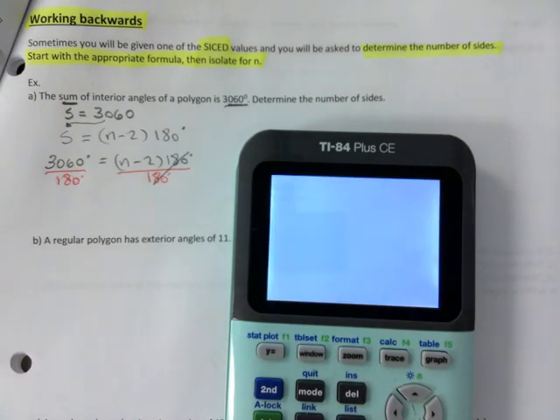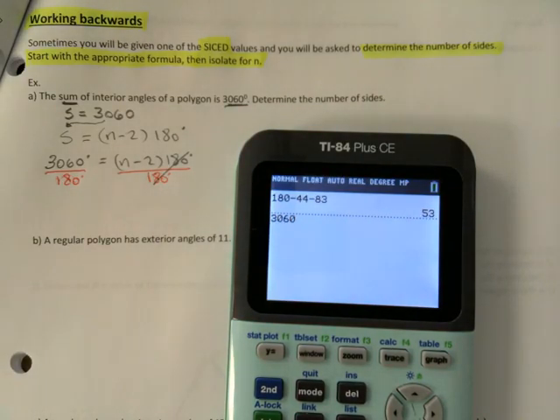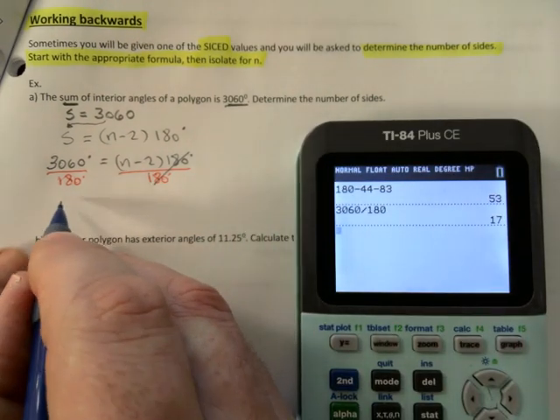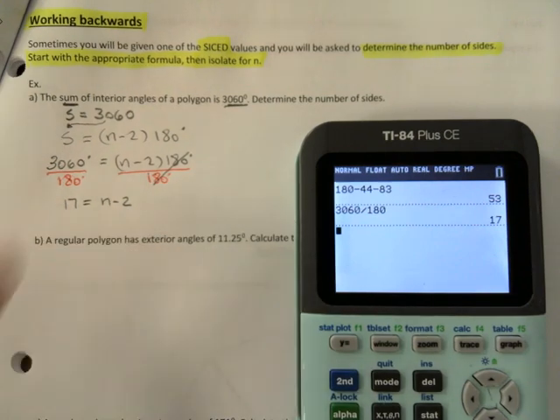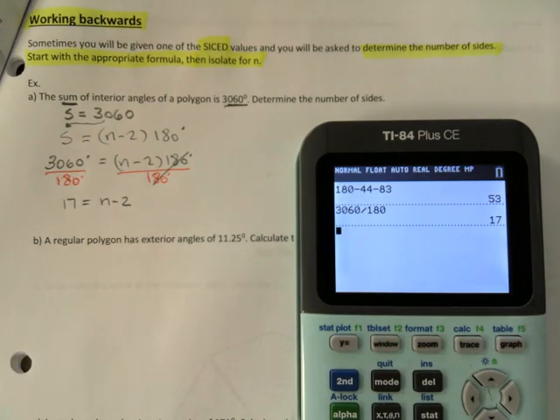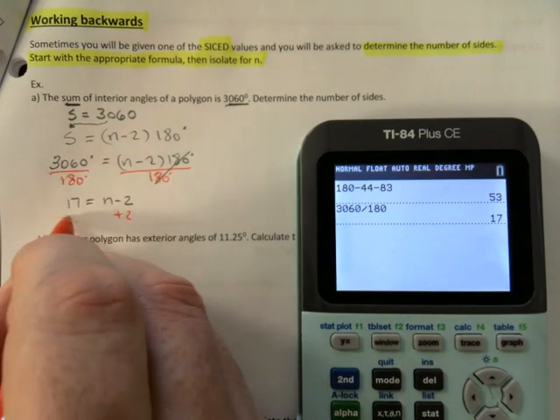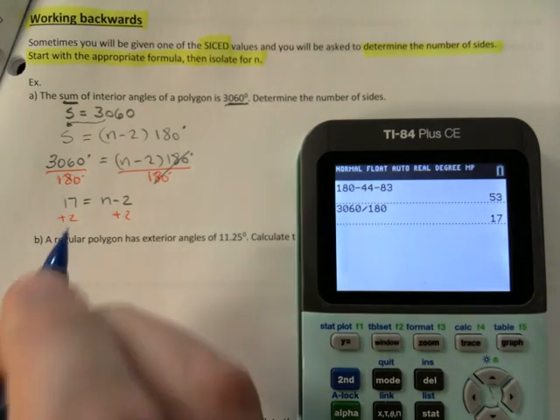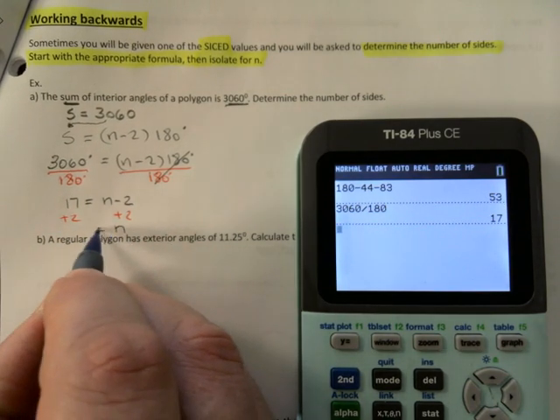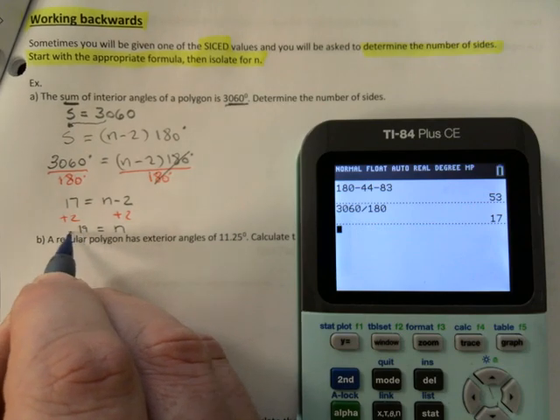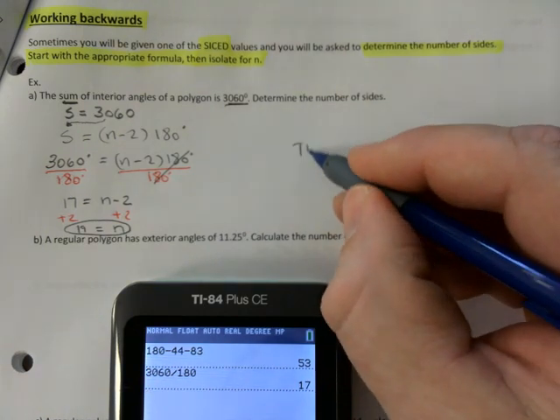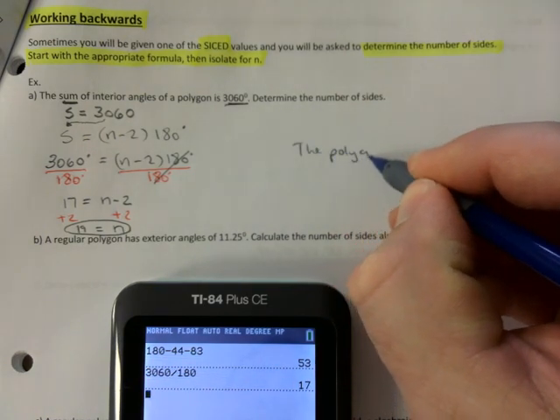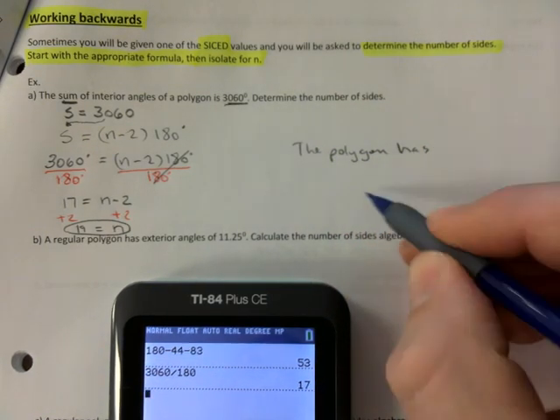And then you just grab your calculator and go 3060 divided by 180, that's 17. Okay? So 17 is equal to, you're left with n minus 2. You no longer need the bracket. And you just add 2 to both sides. n is equal to 19, right? The polygon has 19 sides.